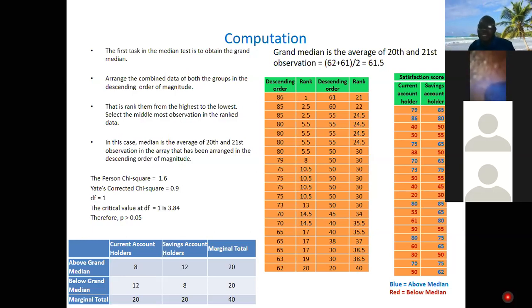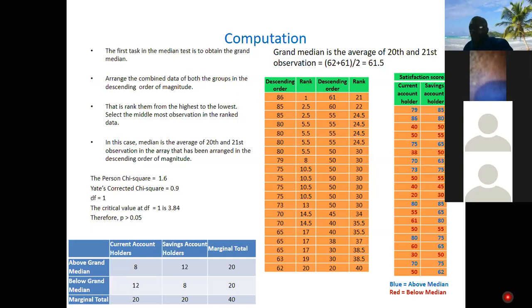Sorry to cut you, I was a bit confused. Is it related to Kruskal-Wallis, or is it quite different? It's quite different, because by the time we do ANOVA, Kruskal-Wallis is the non-parametric counterpart of one-way ANOVA.